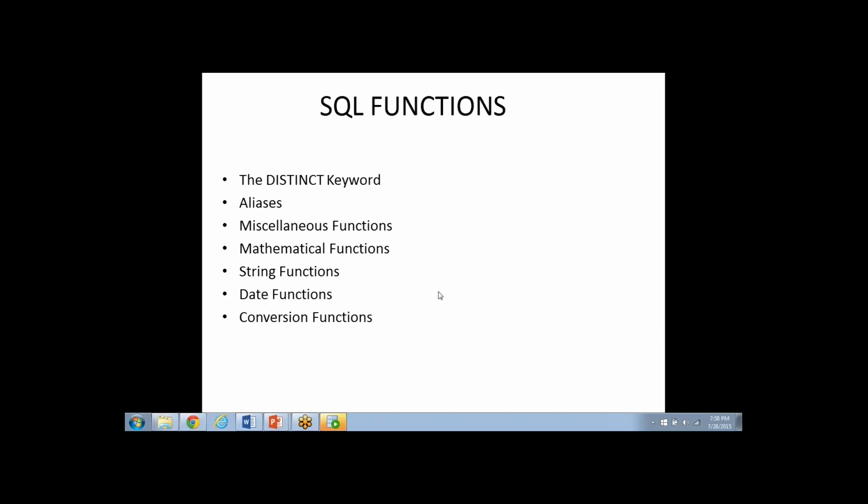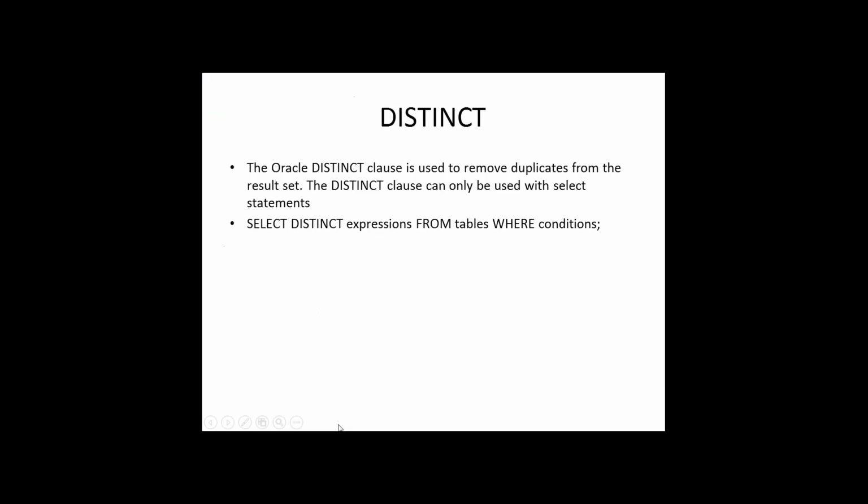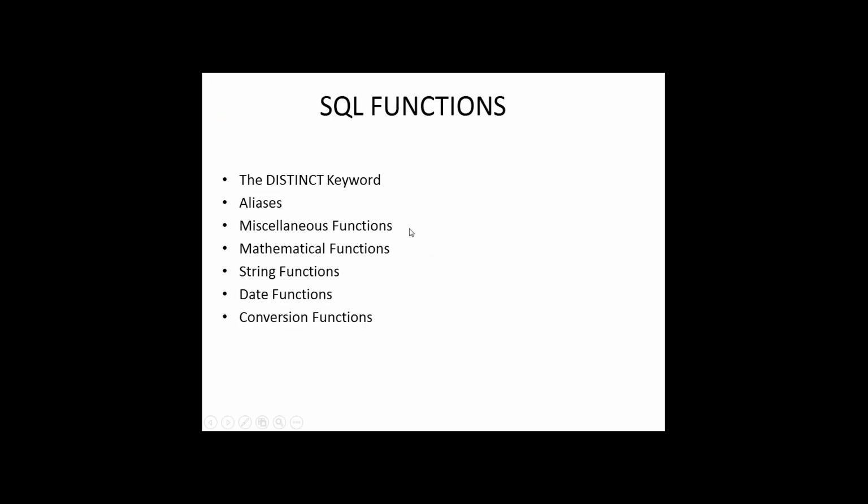so basically, we have a lot of functions available, but first we'll be discussing the main functions which we are going to cover today. The first thing is the distinct keyword, and next we cover aliases.